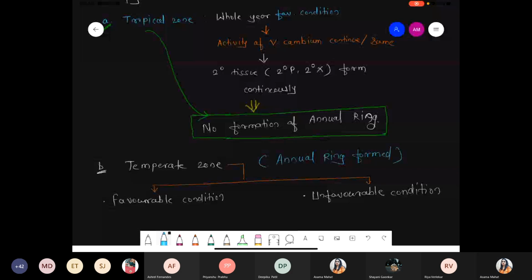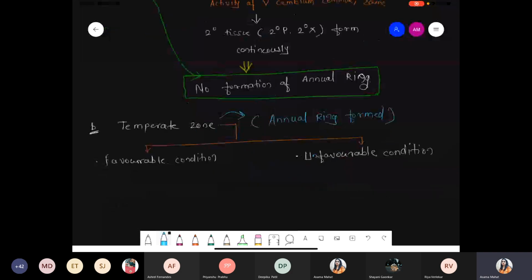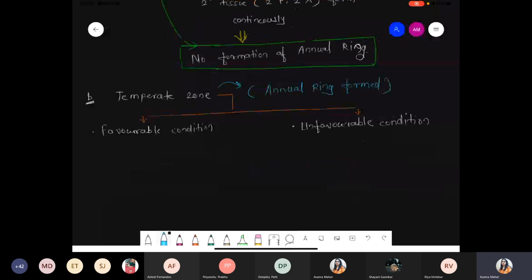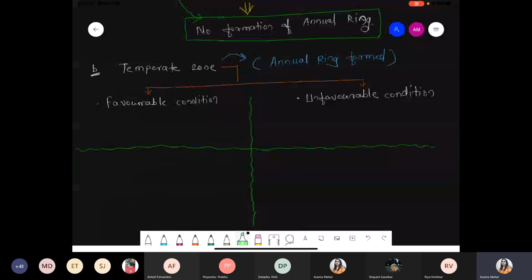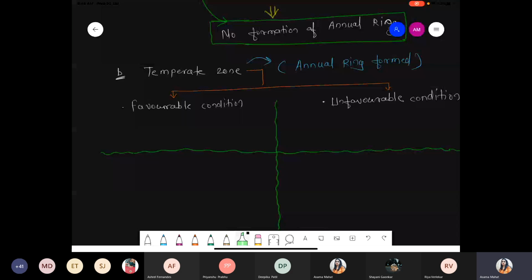Okay? So we are talking about how they get formed. Quickly divide your page into two sections. Now we are talking about favorable as well as unfavorable conditions. The vascular cambium activity varies, and that is how the annual ring gets formed. I think this was a 2017 or 2018 question, if I'm not wrong.